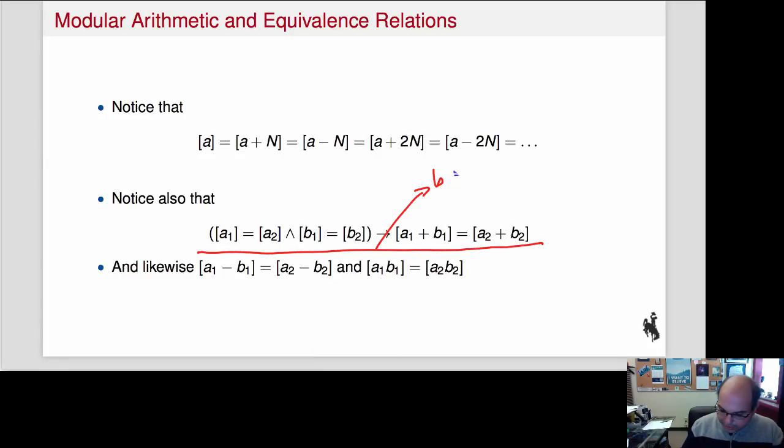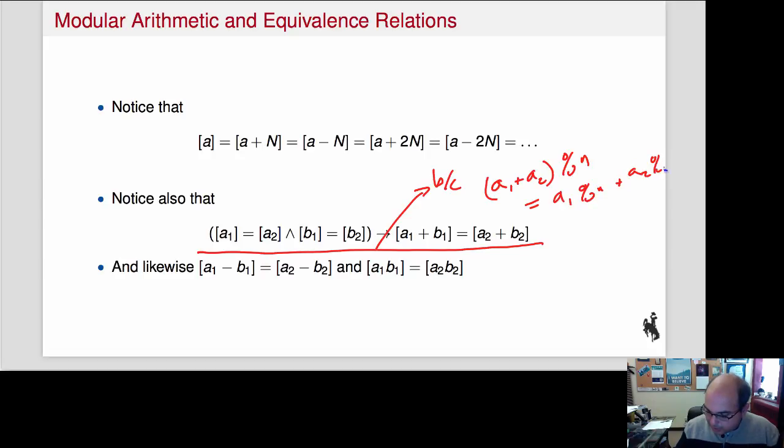All I'm really saying here is that A1 plus A2 mod n is equal to A1 mod n plus A2 mod n, mod n, okay? That's where that comes from, right? They have to have the same remainder, modulo n, and the same goes for minus. The same goes for multiplication, right? So they're in the same equivalence class.